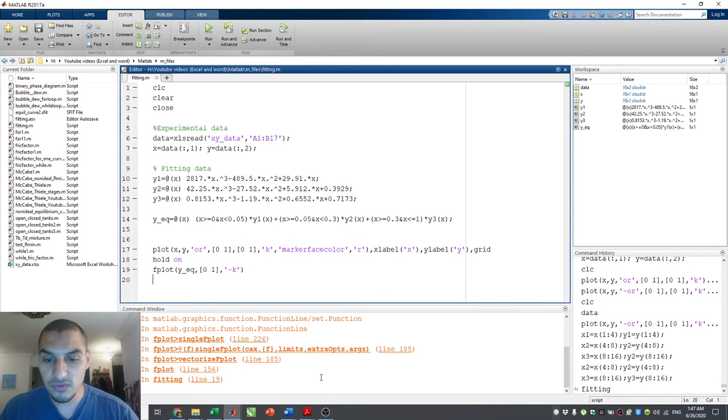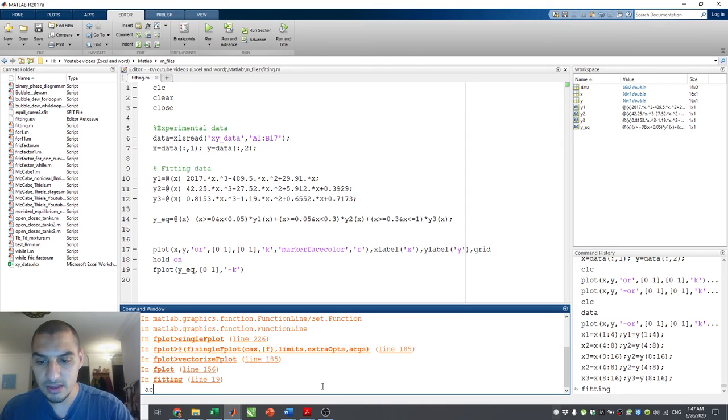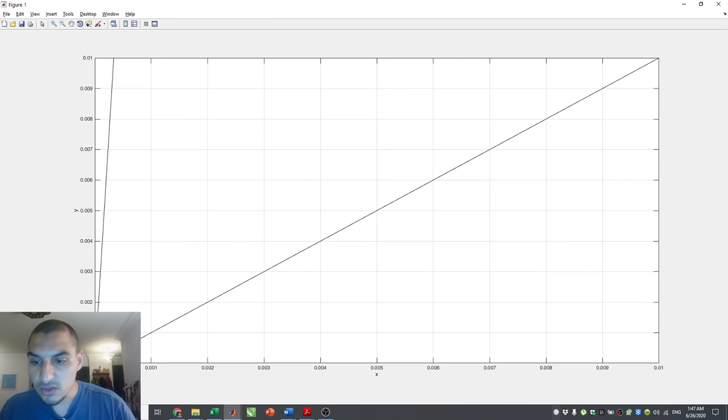So if you want to take a close look at the curve at the 0 part, I'm going to go from 0 to 0.01. You'd see that this is the equilibrium and this is the operating, or the fitted data. This is the 45-degree line. It's already passing through this point.